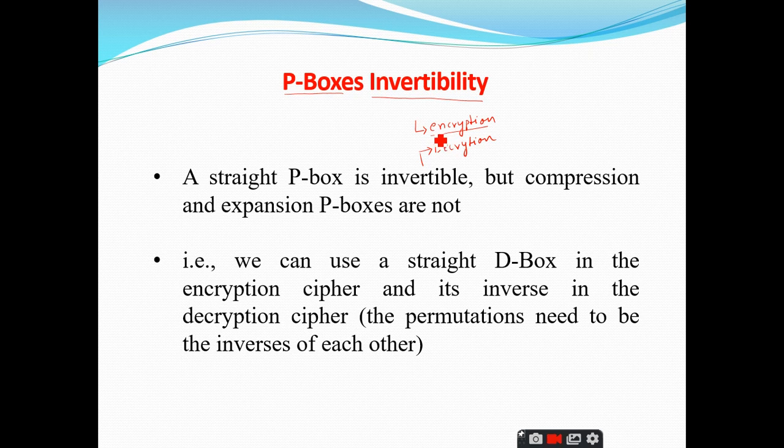The same P box is used as the straight P box for encryption, and for decryption we make use of its inverse. We'll see how to invert it. So invertibility is a concept where you use a component for encryption and the inverse of the same component for decryption. In such cases we call them invertible. So here, how many types of P boxes do we have?